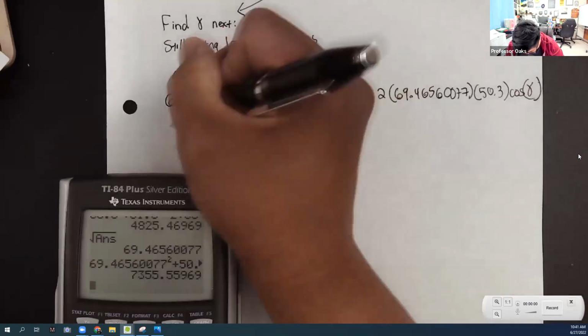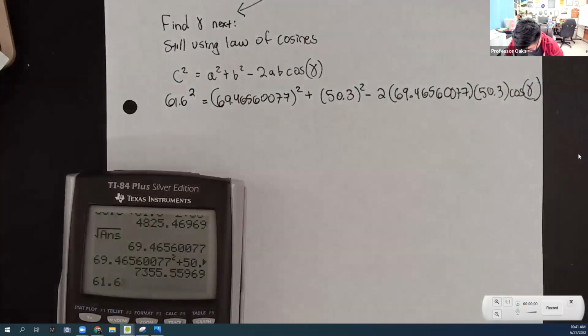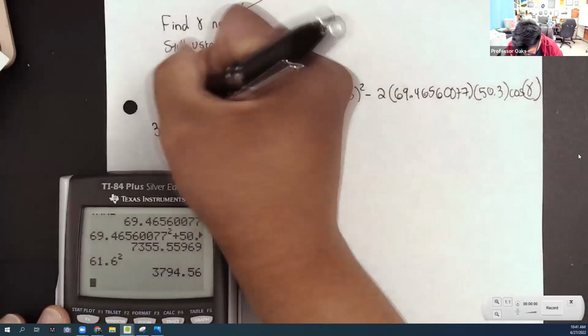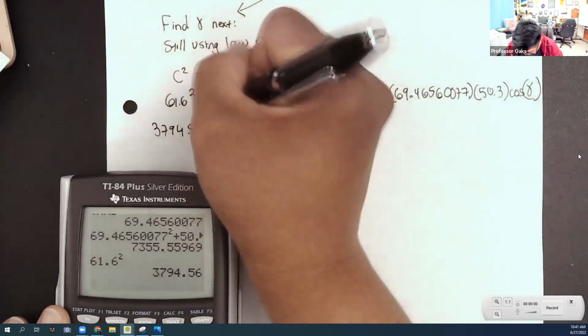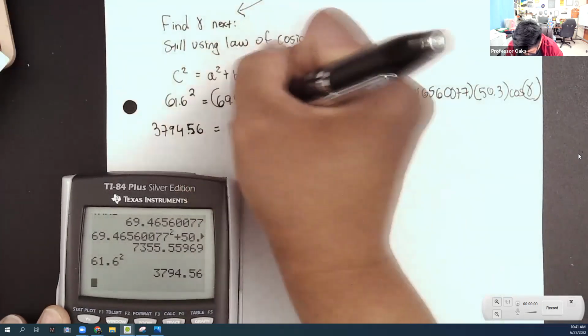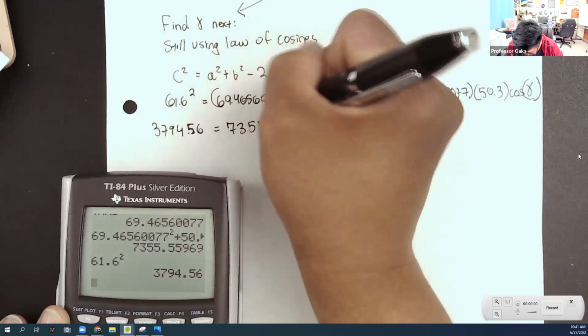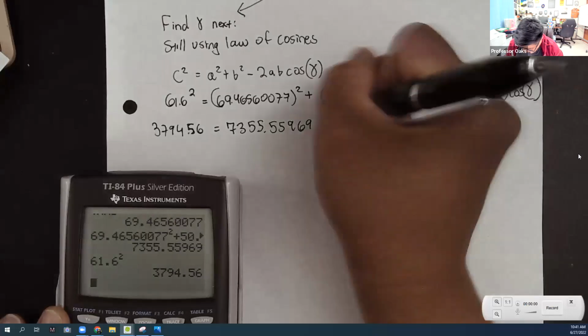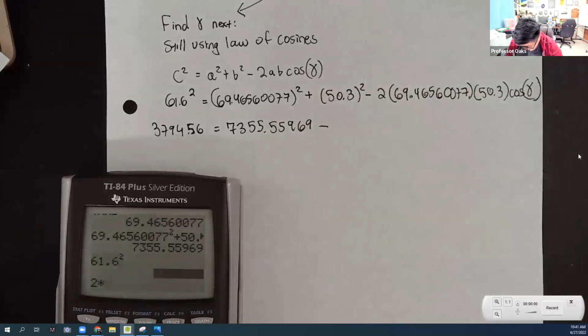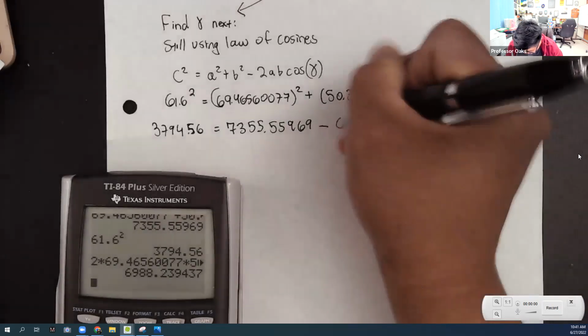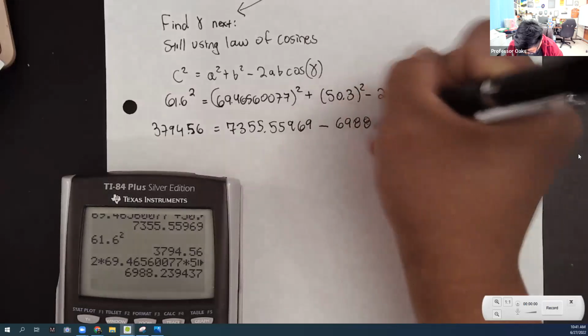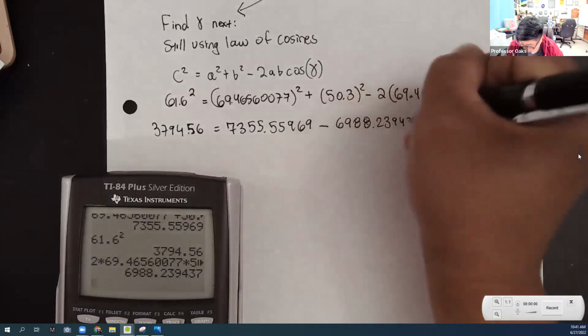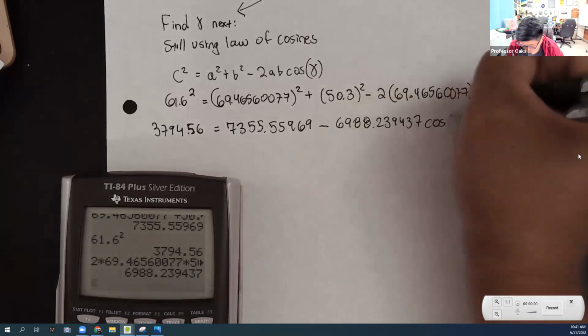Then, if I put 61.6 squared, I have 3794.56 is equal to 7355.55969, and then minus, and I'll do the 2 times that 69.46 number times 50.3, so 6988.239437 cosine of gamma.